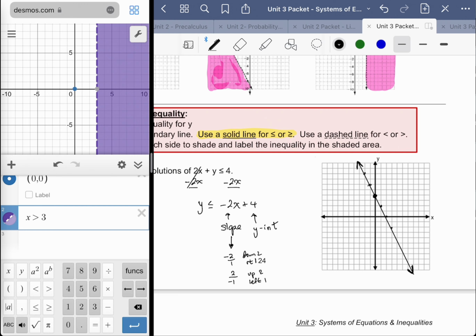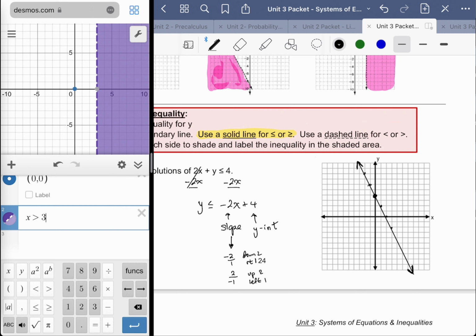But if you do it in pen and that pen's not erasable, and you realize after the fact that it was supposed to be a dashed line, after you made a nice solid line in unerasable ink, you're like, ah, crap. Undo, undo, undo. Do it over, right? So you just gotta be careful, all right?